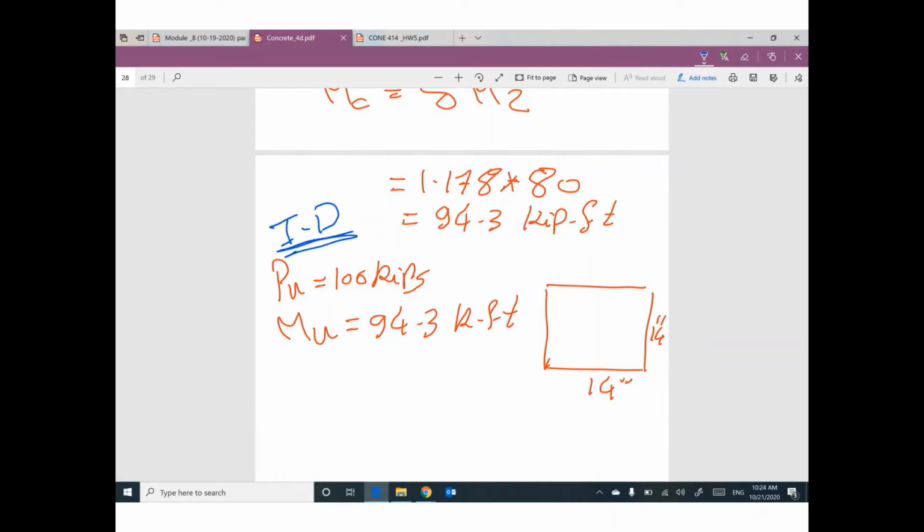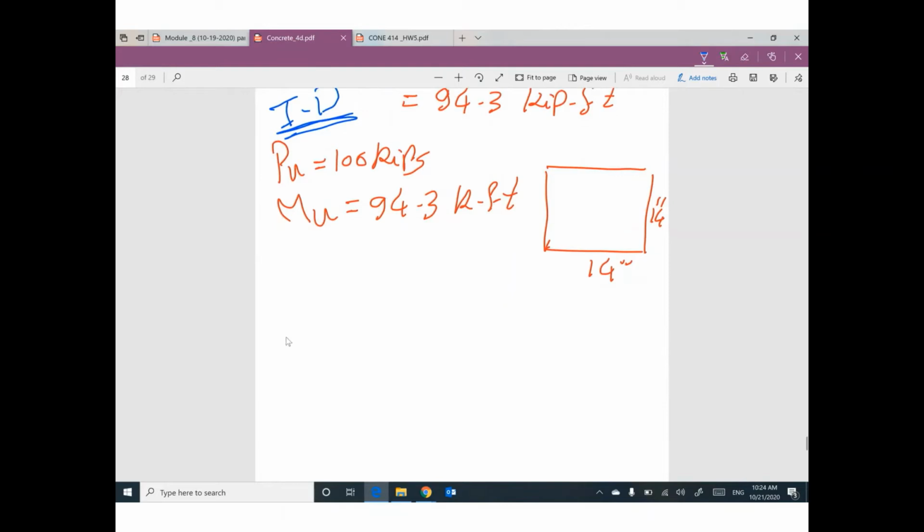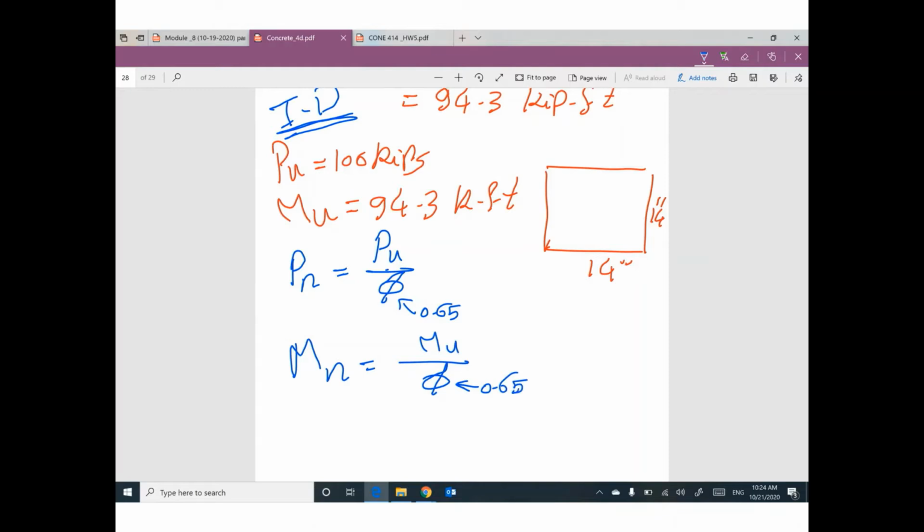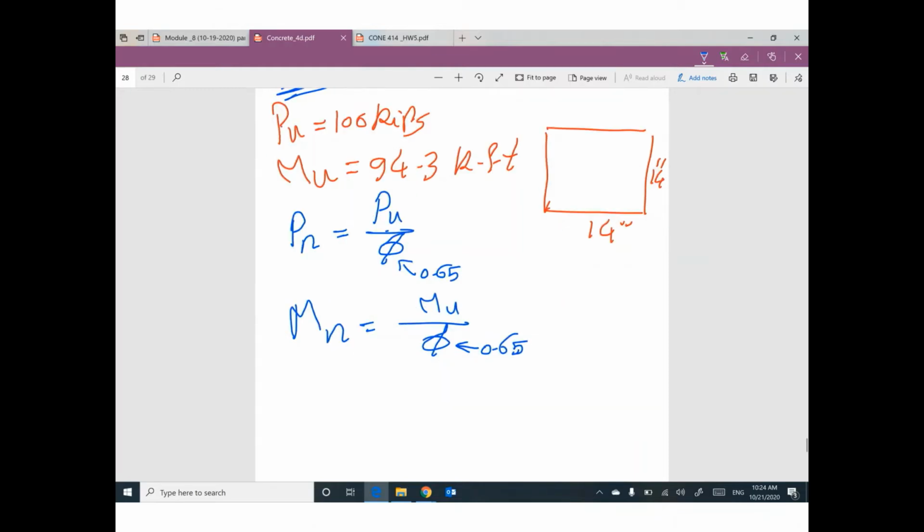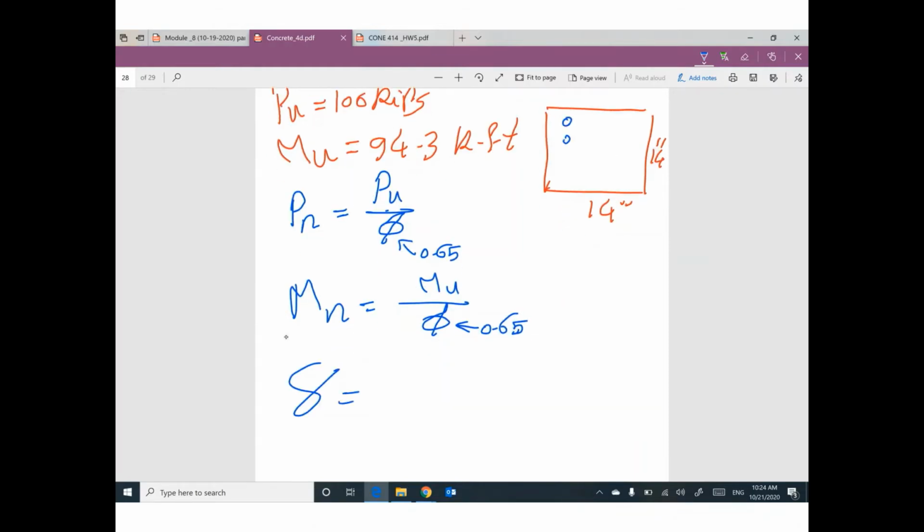First step, Pn equal P ultimate divide phi. This phi equal 0.65. Mn equal M ultimate divide phi. This phi 0.65. What is the value of gamma? Your steel reinforcement will be in this side and this side.